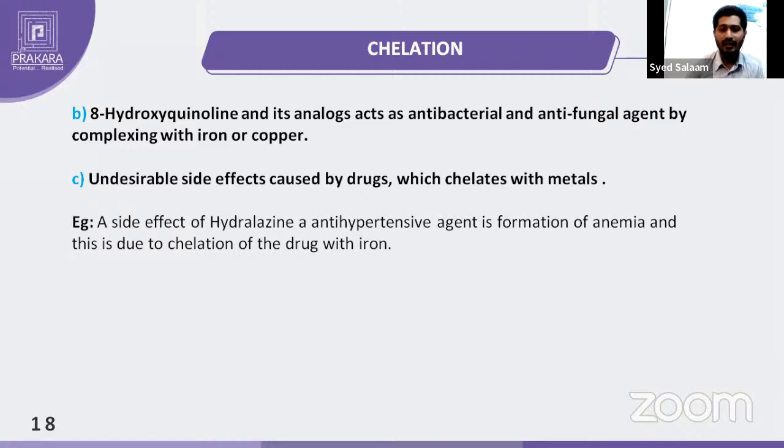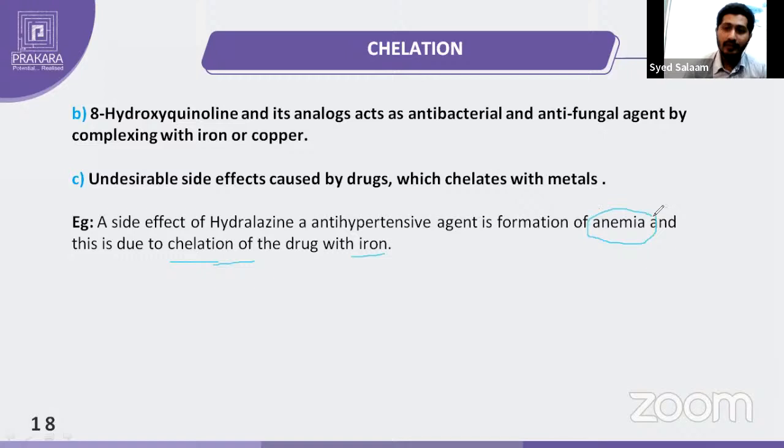There are also certain undesirable side effects that can happen with drugs. For that, we have the example of hydralazine, an antihypertensive agent, where anemia occurs as one of its side effects. This is happening due to chelation of the drug with iron. It forms a chelate with iron, due to which it shows that property of anemia.